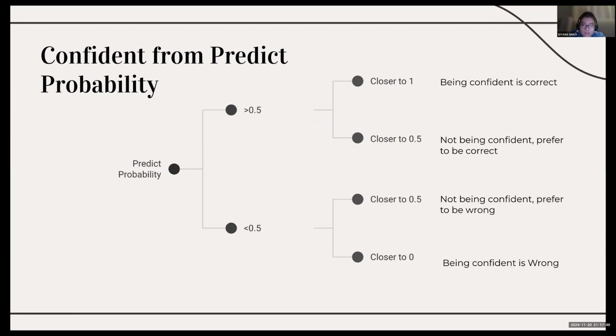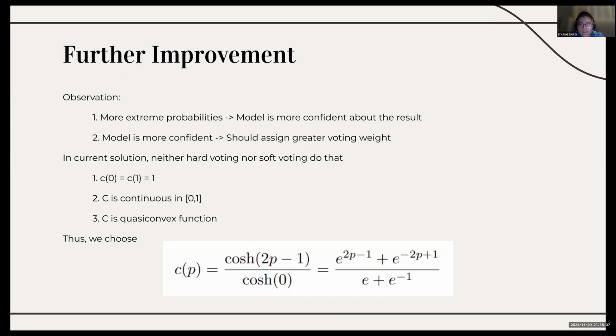For more extreme values, we will believe it more. A probability closer to 1 or closer to 0 should have more weight compared with probabilities closer to 0.5, because they are more confident whether it is correct or wrong. Then, we can give some definitions of the confidence level. Firstly, C(0) should be equal to C(1), equal to 1, because they are 100% sure.